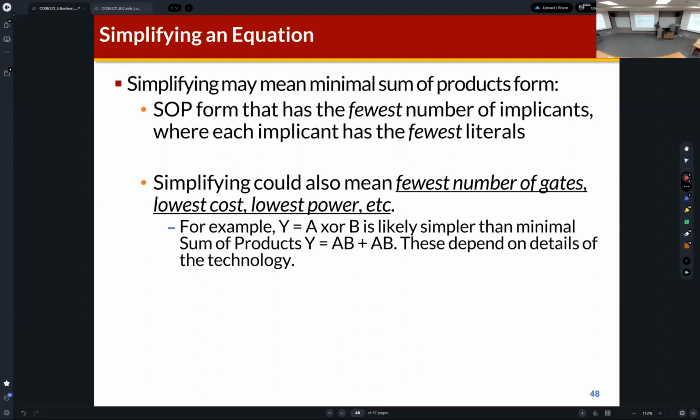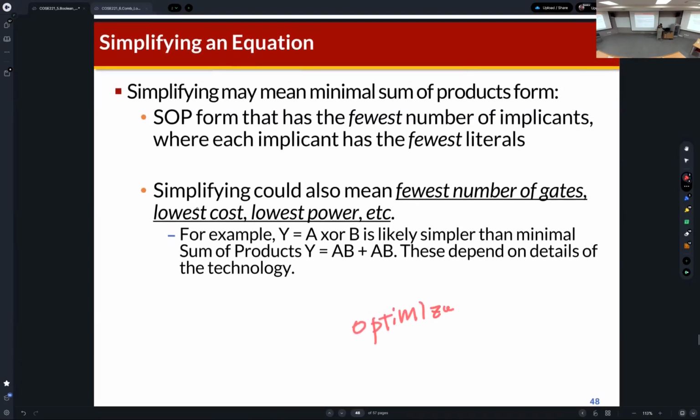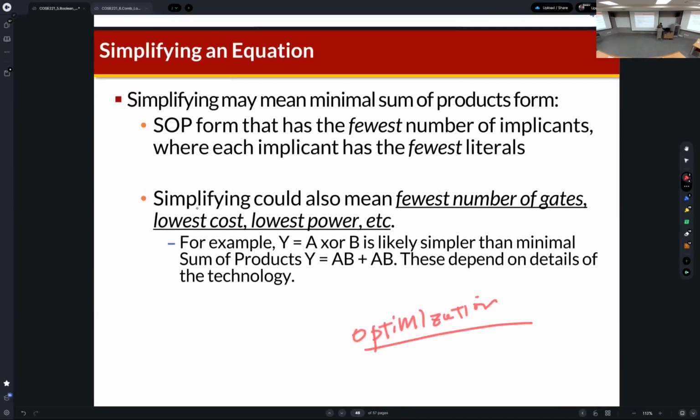But these Boolean equations are not optimized. So what does that mean? What does optimization mean in the system? In Korean, it is called 최적화, right?